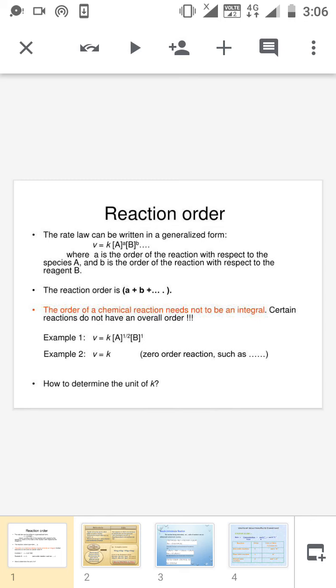So the rate may be of fractional order, depending upon the chemical reaction.